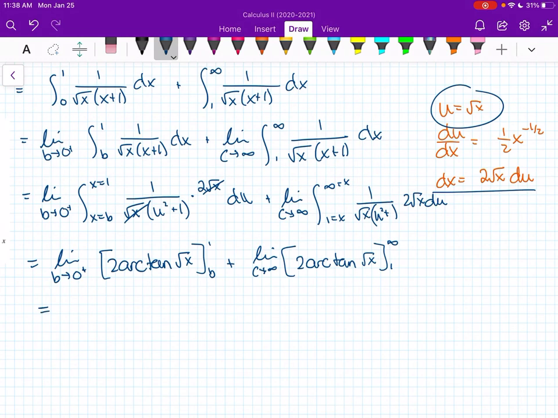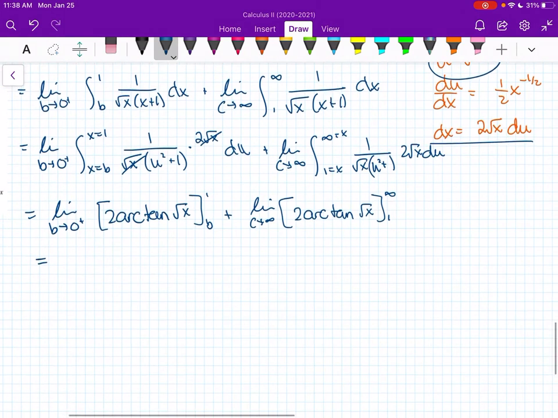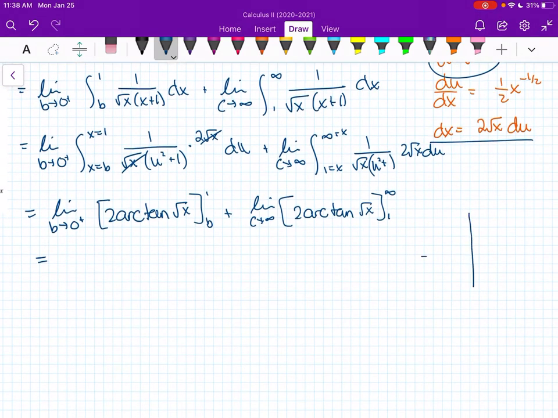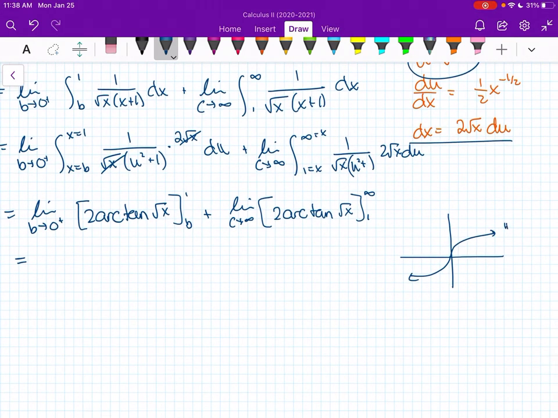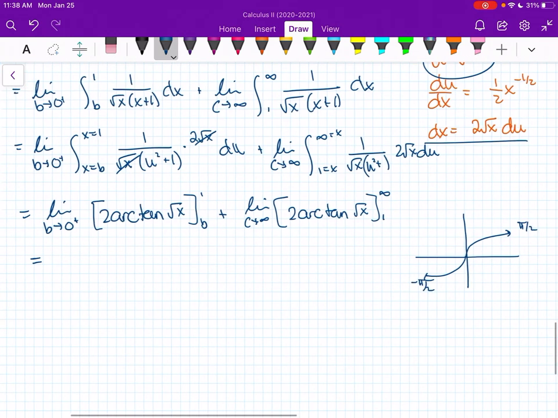So then when I plug in my bounds, arctan, remember, I always have to think about arctan a little bit. Arctan is the function that goes like this, where my upper limit is pi over 2 and my lower limit is negative pi over 2.